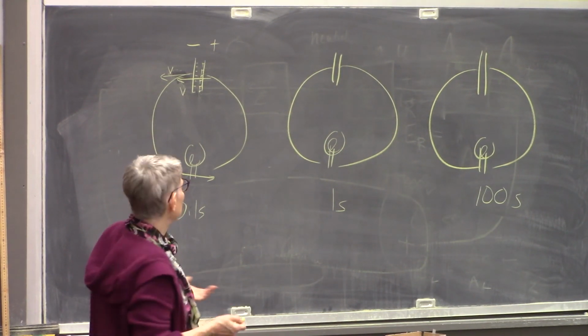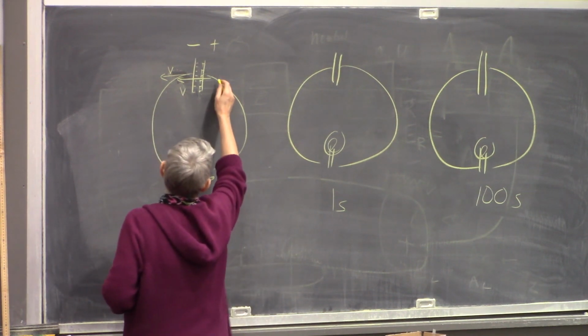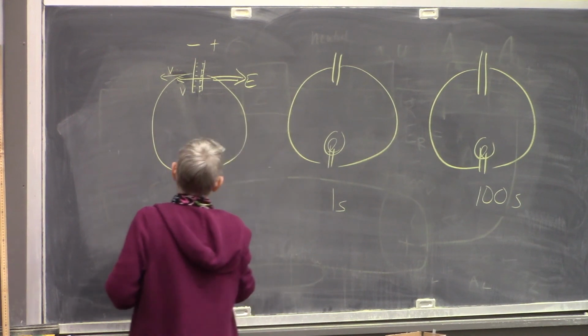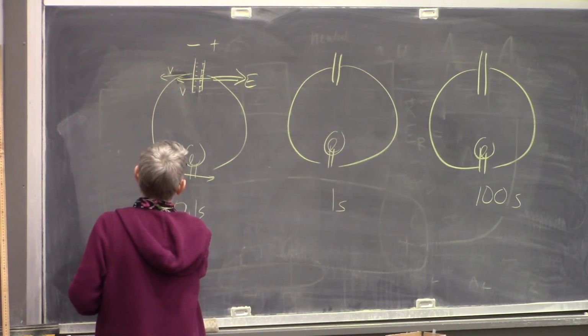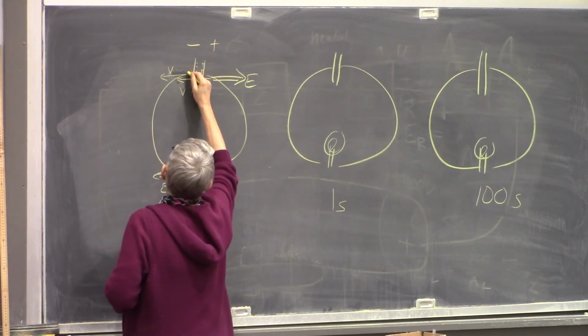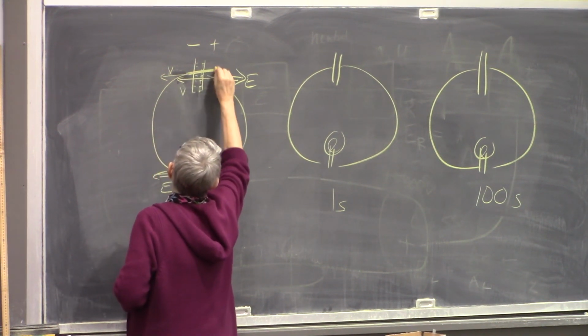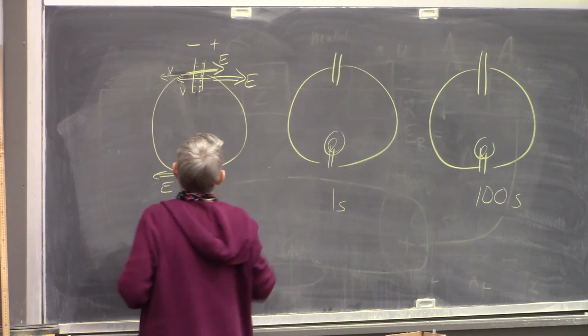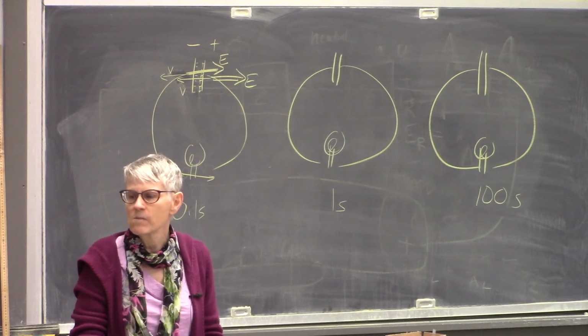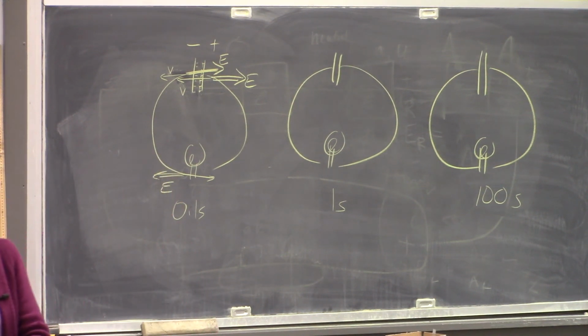And therefore, the electric field has to, at each location, point opposite to that. So we have an electric field here like this, an electric field here like this, and an electric field here like this. So if you draw just the electric field, it might look something like that.